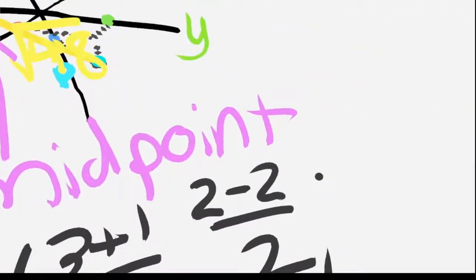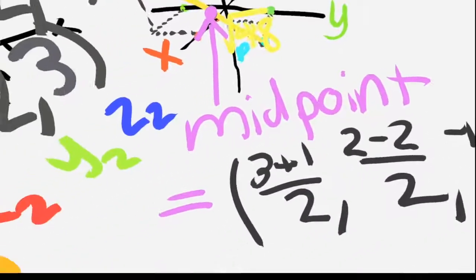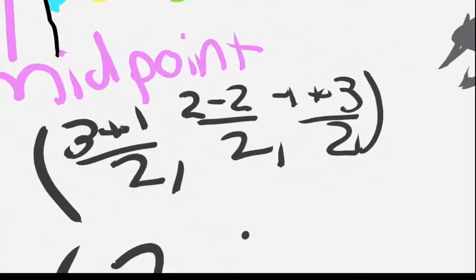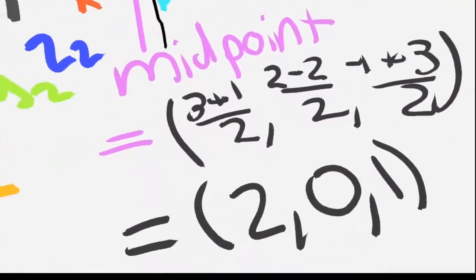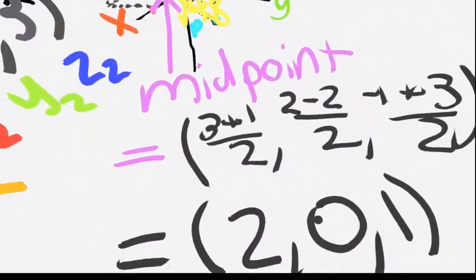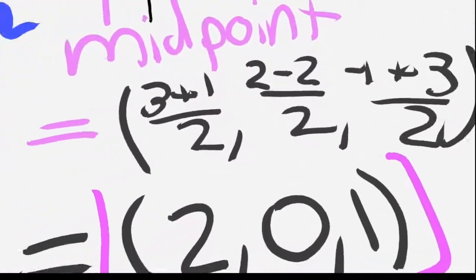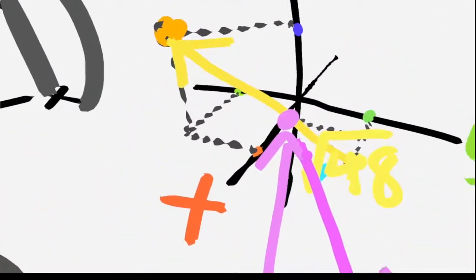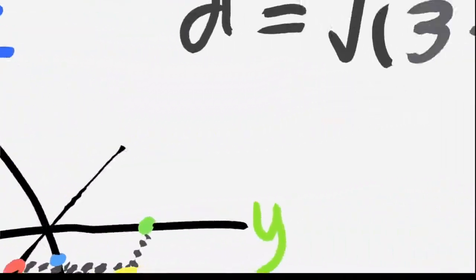And -1 plus 3 over 2, which is equal to 2, 0, and 1. So that is your midpoint. This is your midpoint, right there, right in between the 2 points P and Q.